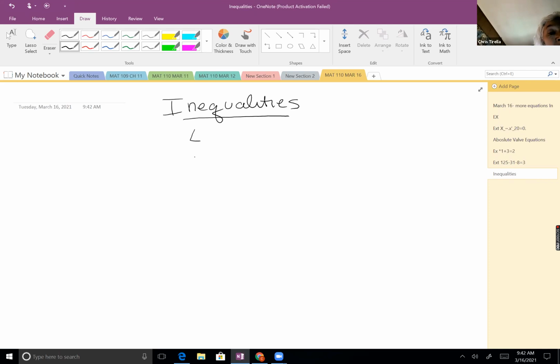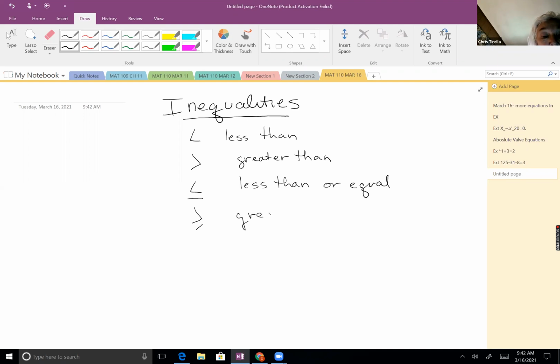We said that our symbols for inequality were less than, greater than, less than or equal, and greater than or equal.